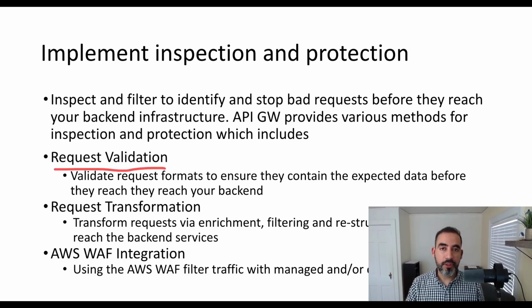And before the request would actually hit your API, it would be checked if it contains that schema. If not, then the request would be denied and an error would be returned to the user. Similarly, you can also implement request transformation. You can do enrichment and filtering and restructuring of data before it reaches your backend.